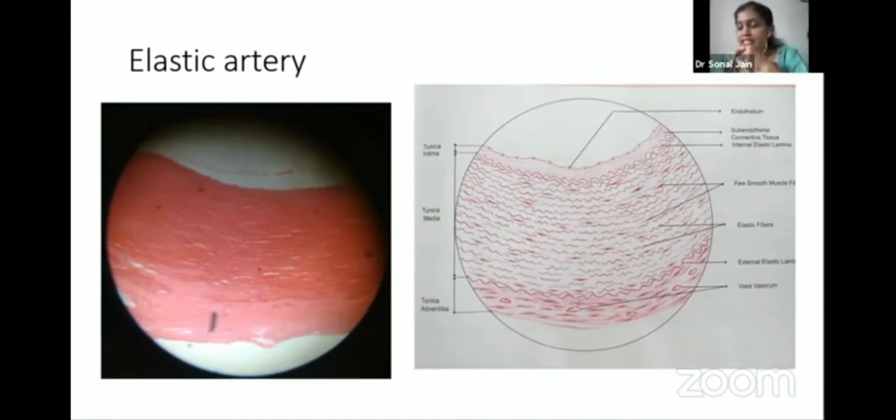They are present mainly in the aorta and common carotid artery, the major arteries. There are more elastic fibers, and this is the characteristic. The vein has a collapsed lumen, and the tunica adventitia is thicker in the vein as compared to the intima and the media.